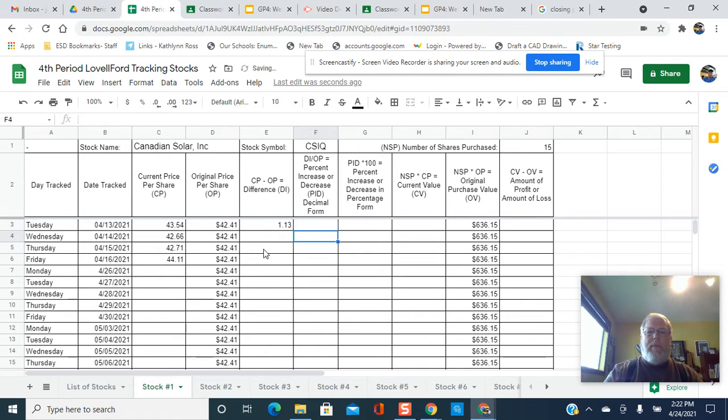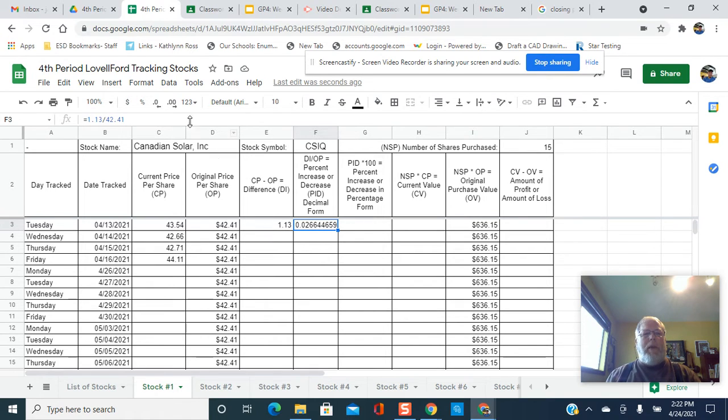Hit enter. And we see that that is a long decimal, 0.02659.